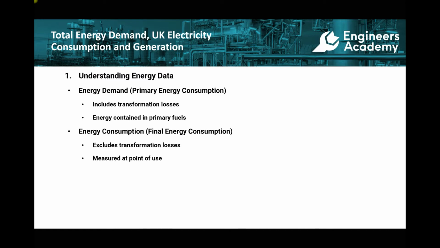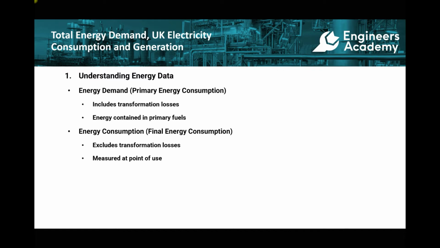Now, the next definition that we need to understand is energy consumption, which is also referred to as final energy consumption. The difference here is that it excludes transformation losses. So using the example we used previously, the final energy consumption would be the amount of electricity that's being used, not the amount of energy that's locked inside the fuel.